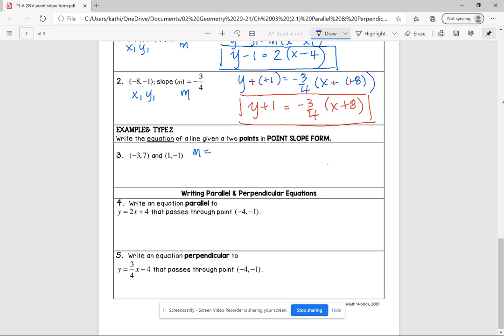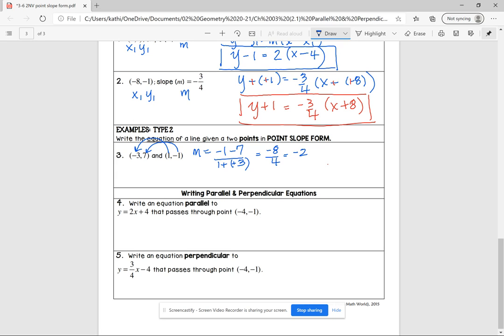So slope is y2 minus y1, negative 1 minus 7, divided by 1 minus negative 3, which is negative 8 over, minus a negative is 1 plus 3, which is 4, which my slope is simplified as negative 2.